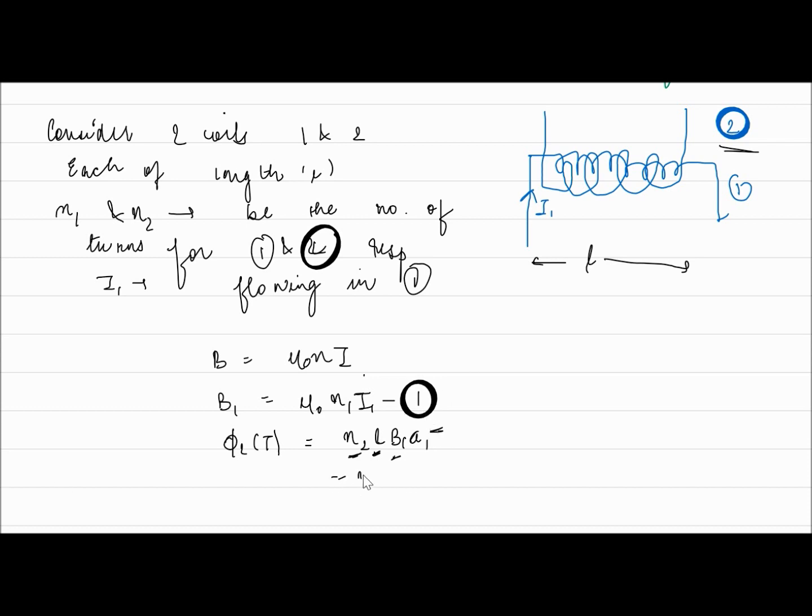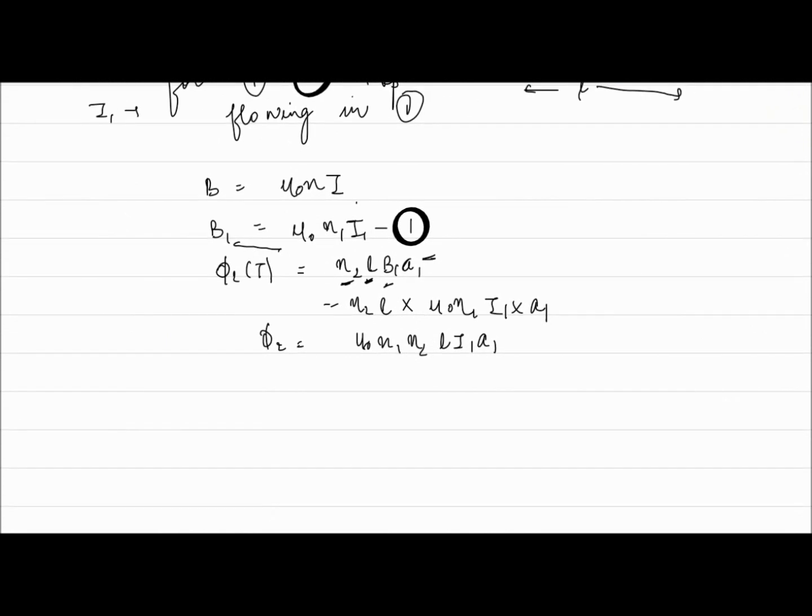So we get N2 L into mu naught N1 I1 into A1. So we get phi 2 equals mu naught N1 N2 L I1 A1.